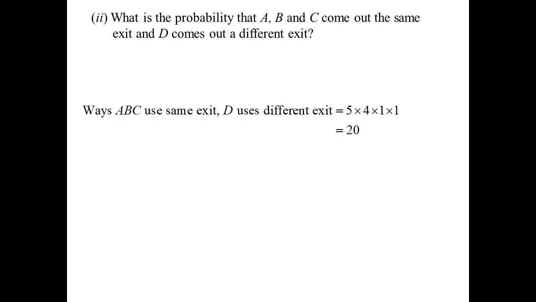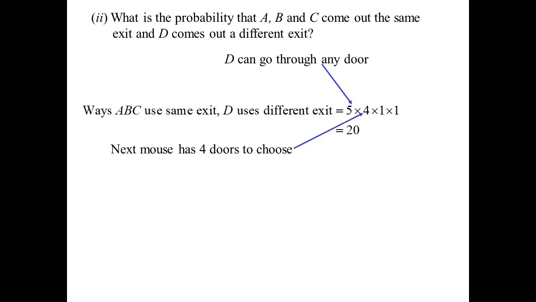So the next thing they asked, what's the probability that A, B, and C come out the same exit, but D goes out a different exit? So A, B, and C use the same exit, D uses a different exit. This is how I thought about it. I'm going to say D leaves first. Again, the actual order they leave doesn't really matter. But D leaves first, so there's 5 choices.